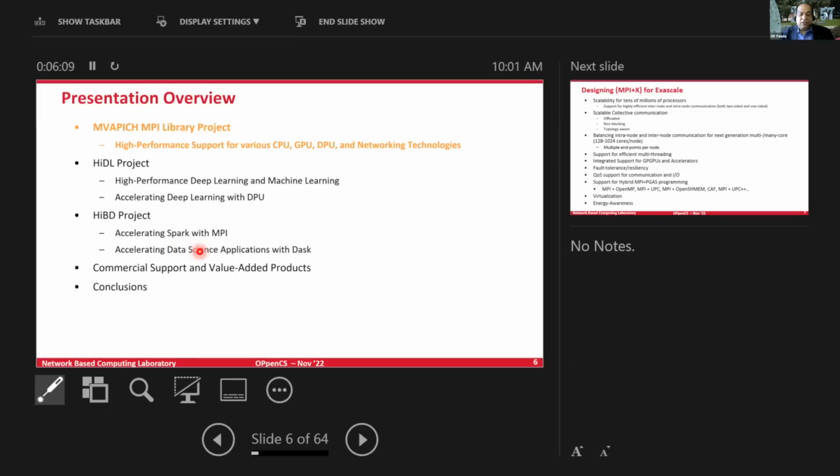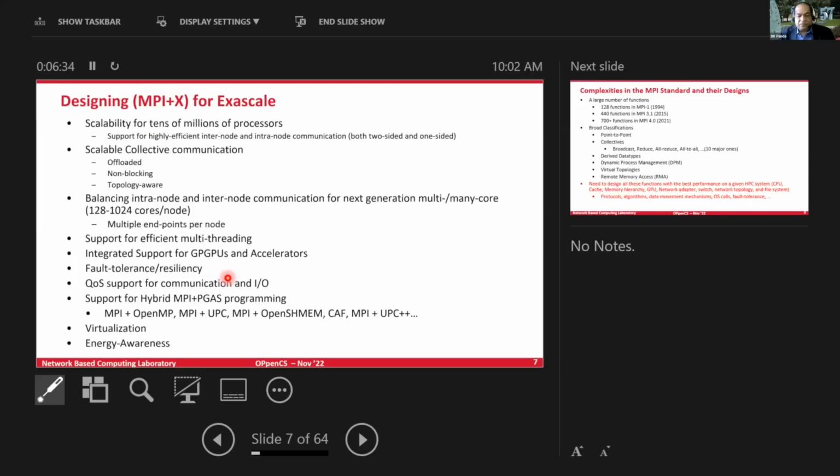I'll try to show some numbers on how you can accelerate Spark with MPI, and also how to accelerate data science applications with Dask. And while we have been working at Ohio State University from an academic point of view, a lot of people have also been asking over the last several years to really provide commercial support. So I'll also be talking a little bit about that and then conclude.